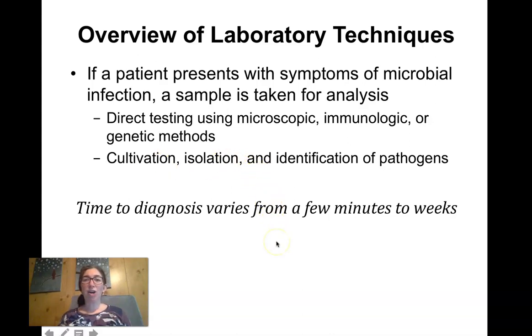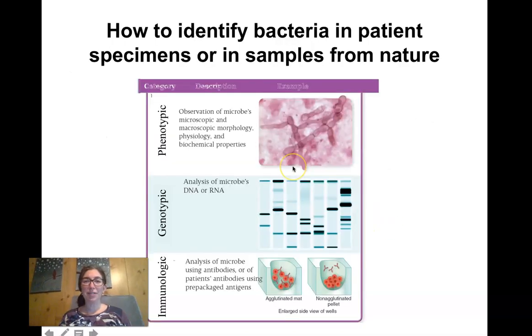So depending on which tests you can do, if you can do direct testing, you can get a quick result, but if you have to cultivate it in order to isolate it, then it's going to take potentially a couple of days or even weeks depending on the organism.